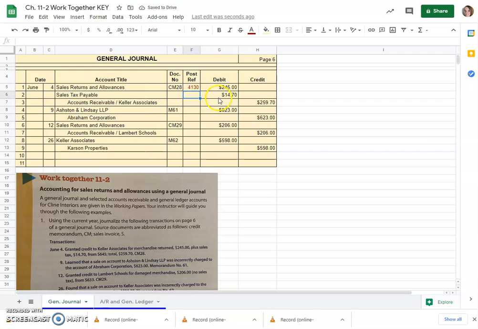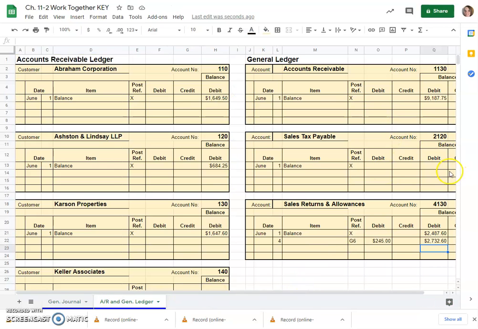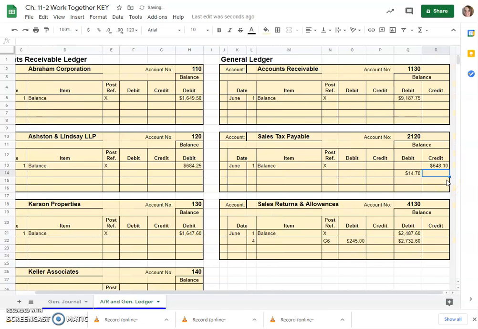Sales tax payable, $14.70 debit. So that will reduce the previous credit balance, so we'll subtract it. And again, this was on the 4th and page G6. Oops, I shouldn't have put that right there. There we go.